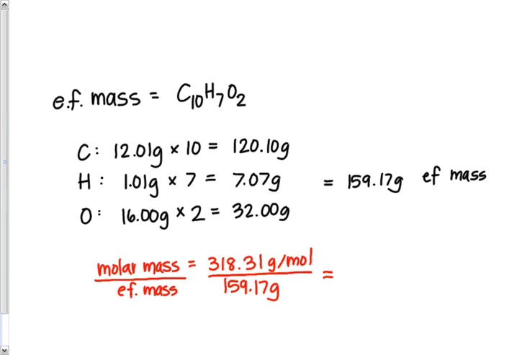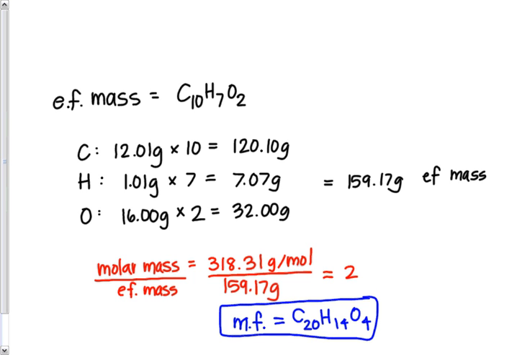When we do that math, we get approximately 2. What that is telling us is that our molecular formula is actually 2 times the empirical formula. So if our empirical formula was C10H7O2, our molecular formula is going to take each of those subscripts and multiply by 2. So C20H14O4. And that is how you calculate a molecular formula.